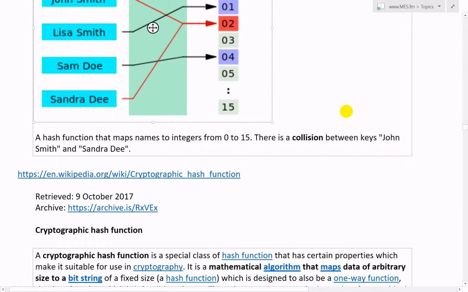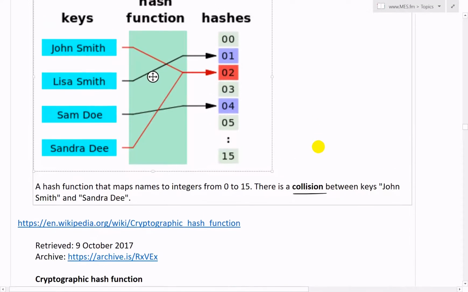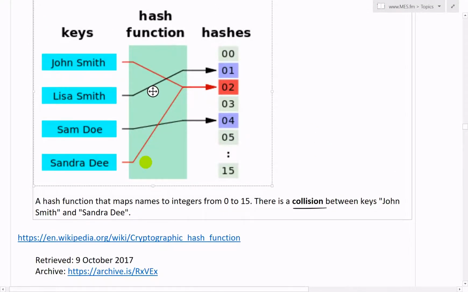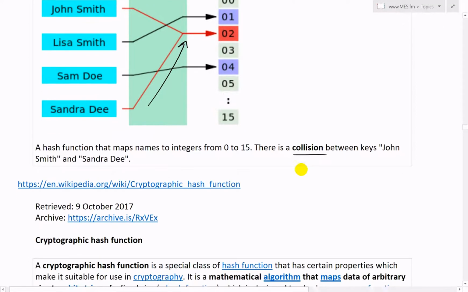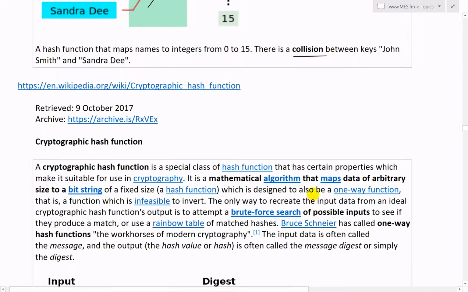So, a hash function that maps data to integers from 0 to 15. There is a collision between keys John Smith and Sandra D here, and this is an error that you need to deal with. There are different ways of tolerating or dealing with this when you have basically the same number representing two different data files. So that's just an example.